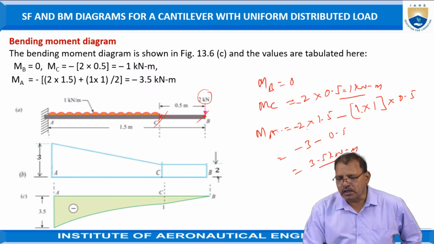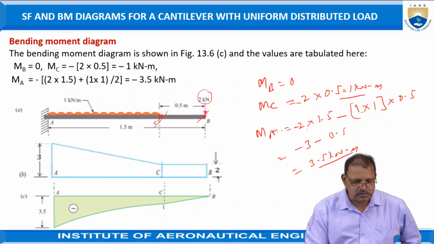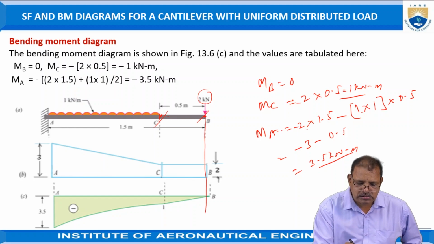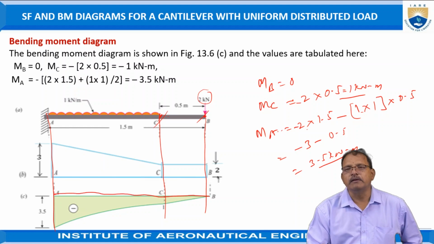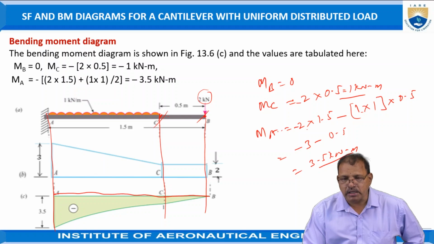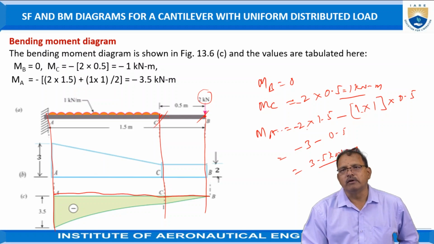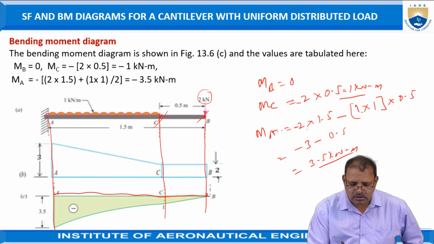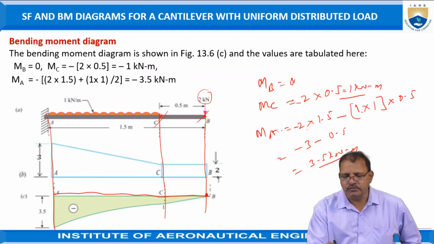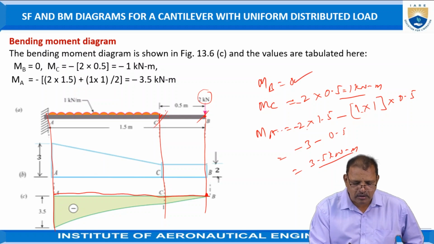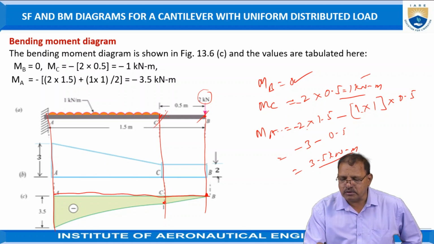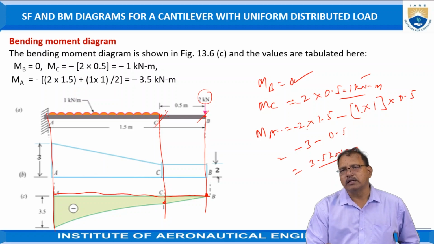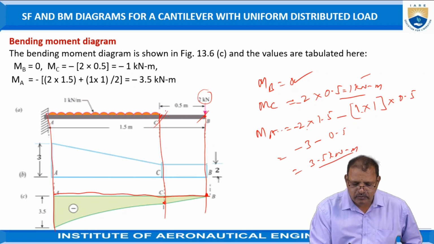For drawing the bending moment diagram, again draw vertical lines in the downward direction from the various points. Here it represents the length of the beam. Since the bending moment is negative, and at a free end the bending moment is 0, at B it is 0, already taken. Particularly in the downward direction, you have to represent according to the scale. Assume 1 kilonewton meter is equal to 10 mm. Draw 10 mm vertically downward.